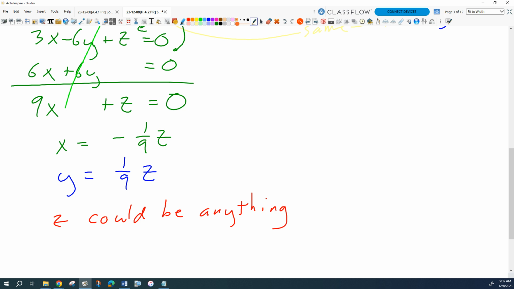So there's a kind of subtle dependence that's set up here, right? The value of z could be any real number, but depending on what the value of z is, that's going to determine the corresponding values of x and y.